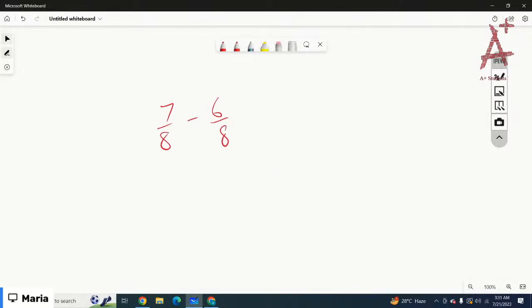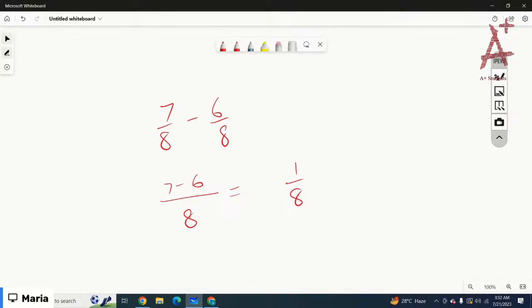So they have the like denominators, you simply have to subtract their numerators. So 7 minus 6 is 1.